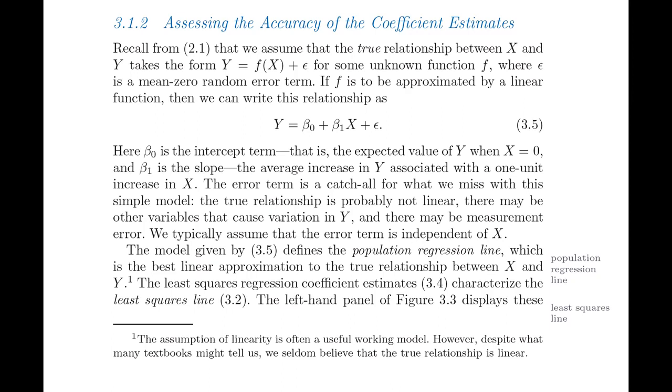If f is to be approximated by a linear function, then we can write this relationship as y is equal to beta naught plus beta 1 x plus epsilon. Here, beta naught is the intercept term, that is the expected value of y when x is 0. Notice we're speaking about expectation.